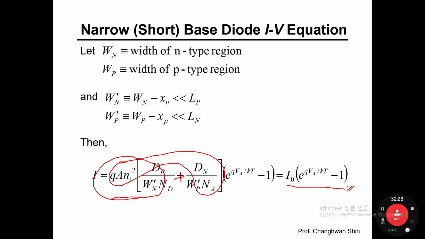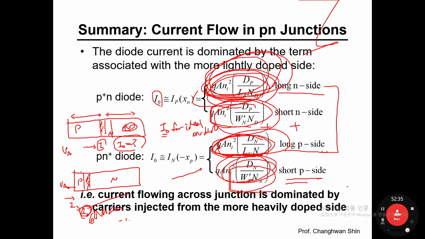And the key knob is found in the saturation current I naught. So I guess this summary slide is a good spot to build up the appropriate saturation current for a given diode, whatever it is, long P side with a short N side or short P side plus long N side. You can build up the right equation for saturation current I naught.